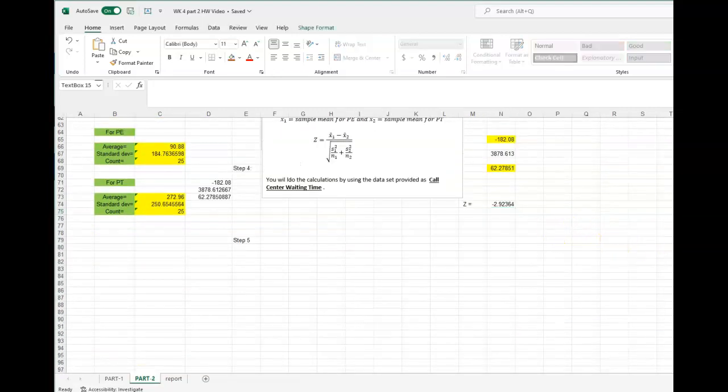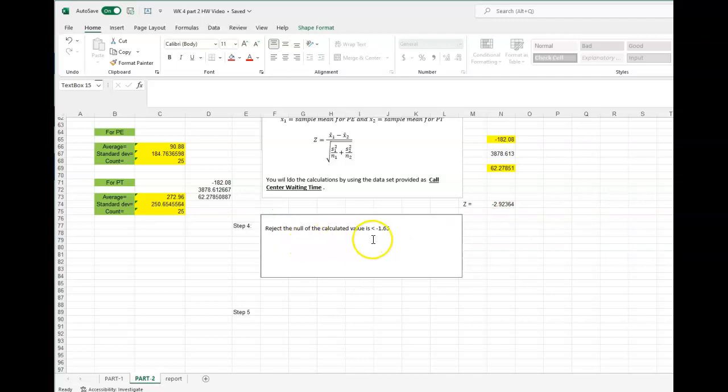So step 4, let me bring it down a little bit. Bring it down here. Step 5, let me bring it down here. So here you're going to reject the null hypothesis if the calculated value is less than that. Otherwise, fail to reject the null.